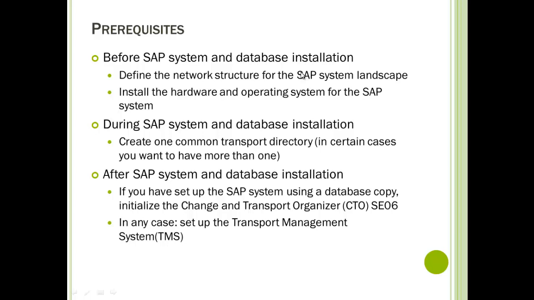It is possible that one system is on a Windows operating system and other systems are on, for example, Linux or Unix. It is possible, but my recommendation is, if you are starting a new SAP implementation or new SAP installation in your entire landscape, then you need to define which operating system you are going to use.